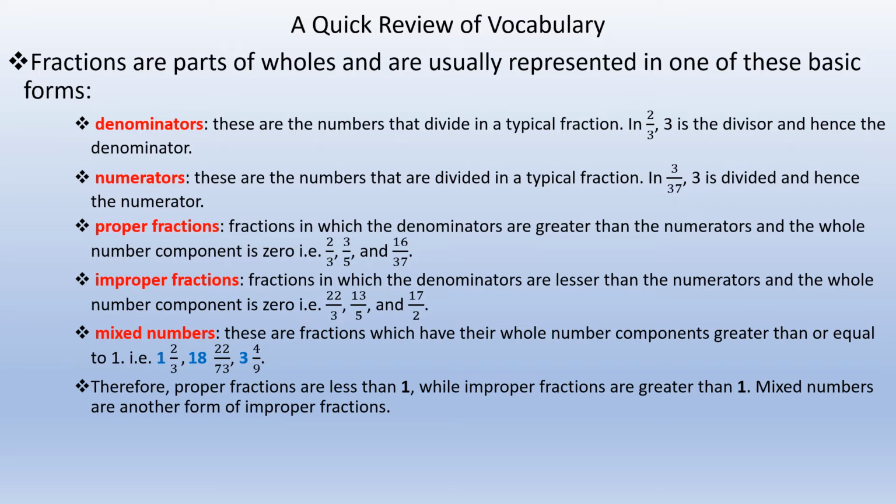Now, one common feature or property of these two fractions I have mentioned is that their whole number component is 0. So if you have a typical proper or improper fraction, you just have a numerator and a denominator, no whole numbers. And once a whole number comes into the picture, we then refer to it as a mixed number.